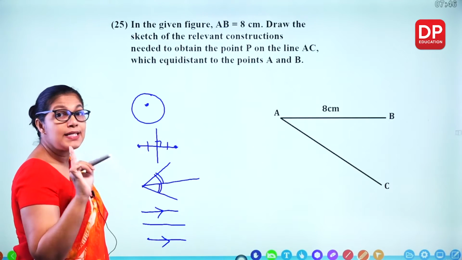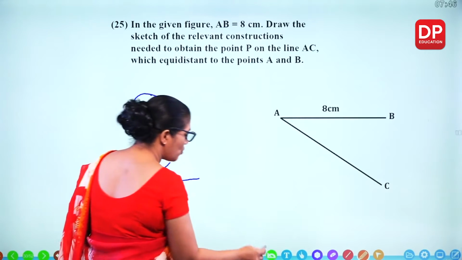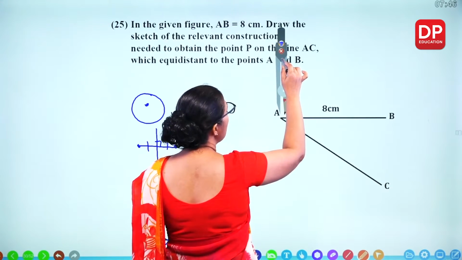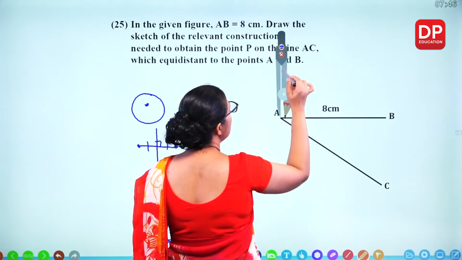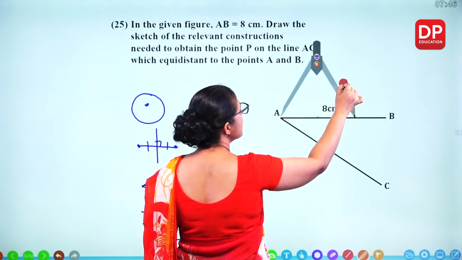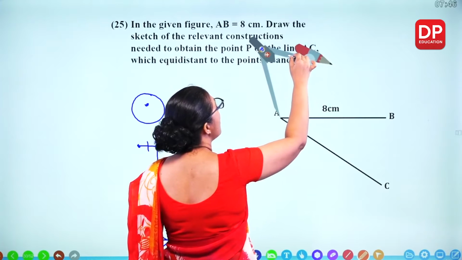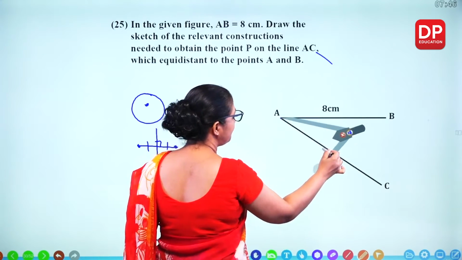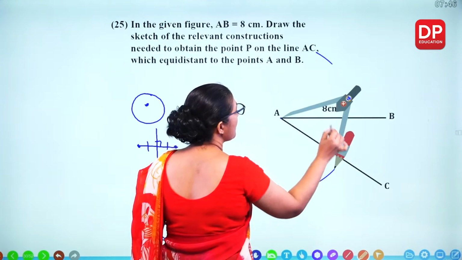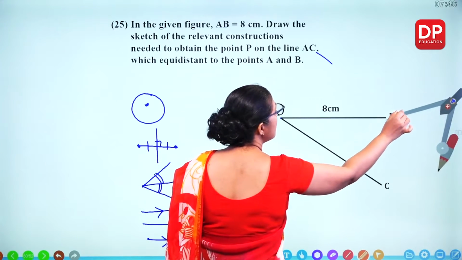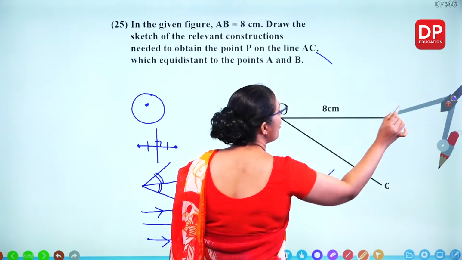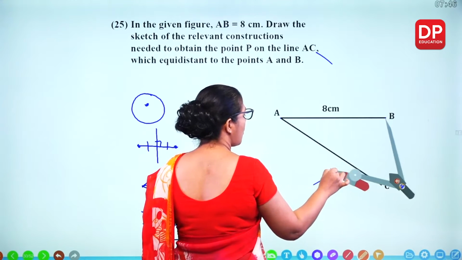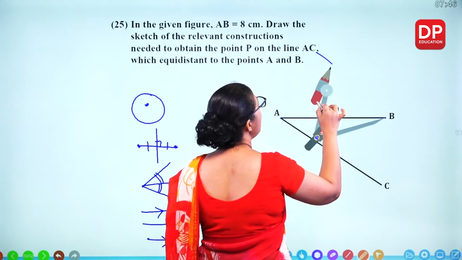That's the perpendicular bisector. So take the compass. We'll draw the perpendicular bisector. So you take a length more than half of this and draw an arc above and below. Do the same thing keeping on top of point P, and you can draw the arc down and up.